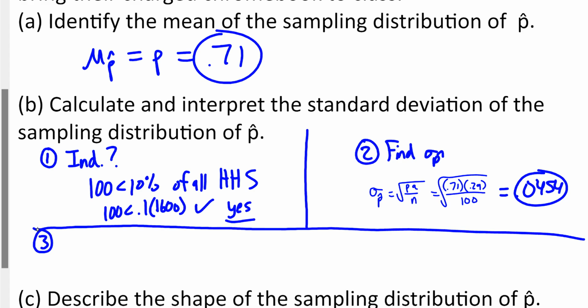Now, since this is a sampling distribution, we're looking for all possible samples.